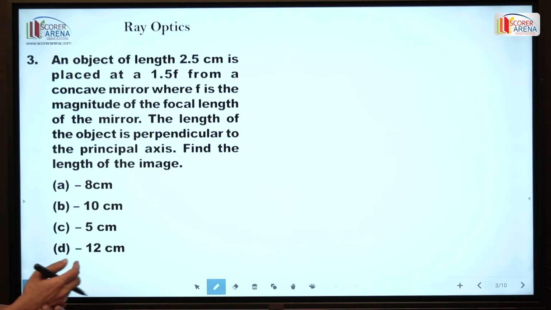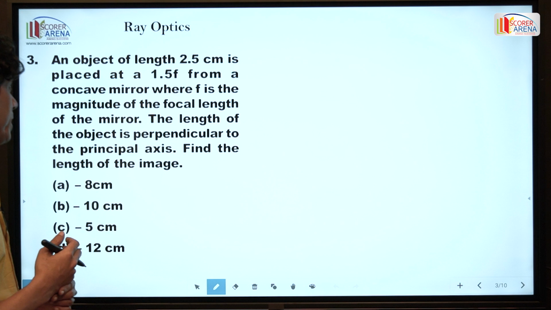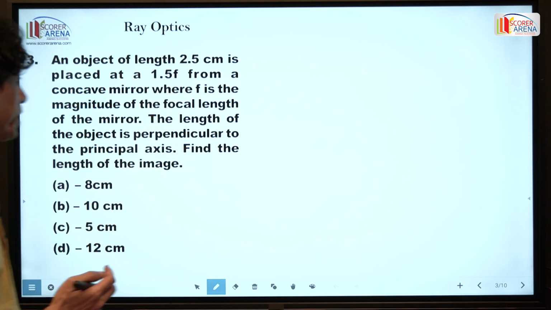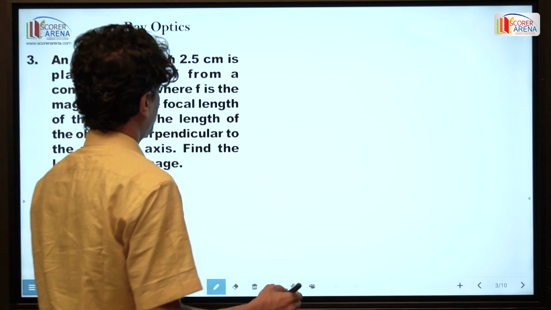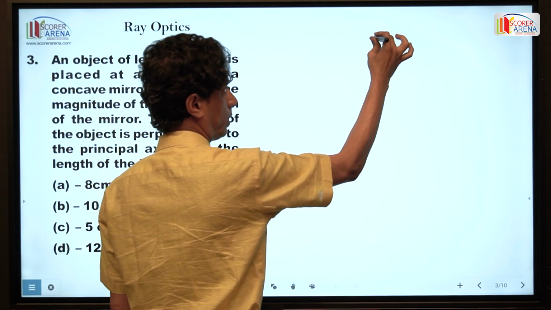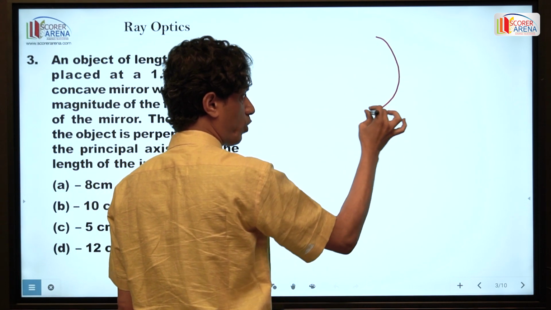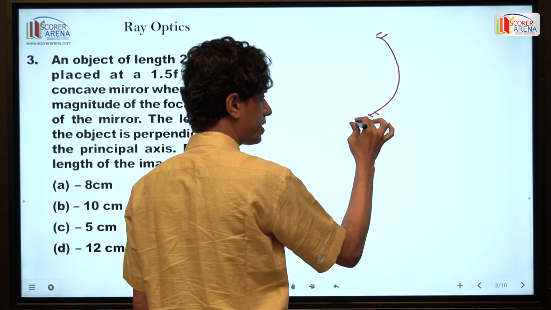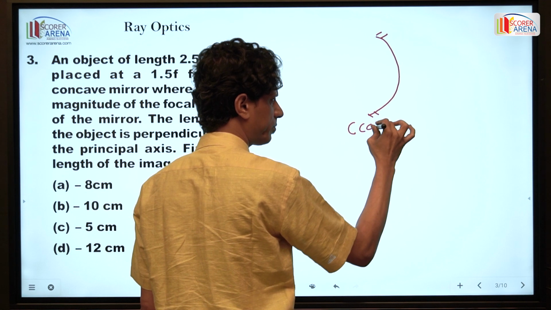An object of focal length 2.5 centimeter placed at a 1.5 f from a concave mirror. So here there is a concave mirror. The nature of this mirror is converging.